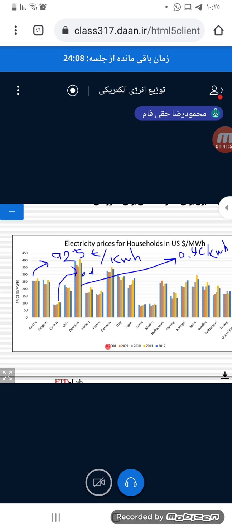In this year, the blue number is for this year and the others, and many countries are shown in these figures. The price for households. Okay. In Iran, the price is very low. It is a weak point of the electric network in Iran. The price of electricity is very low.